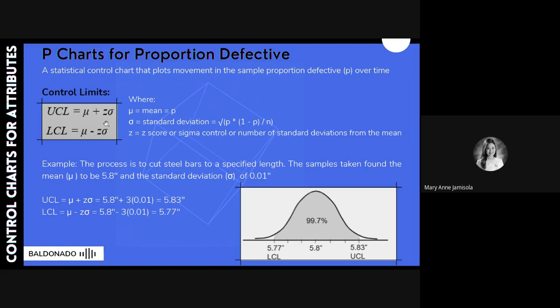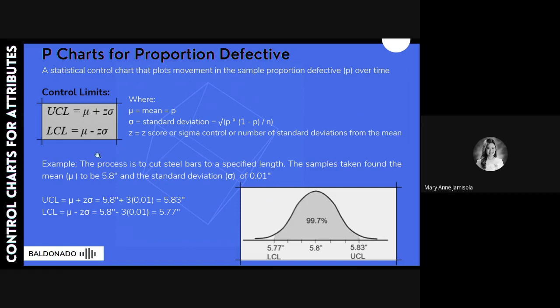So here is an example. The process is to cut steel bars to a specified length. The samples taken found the mean to be 5.8 and the standard deviation is 0.01. So just simply substitute these values to our formula.